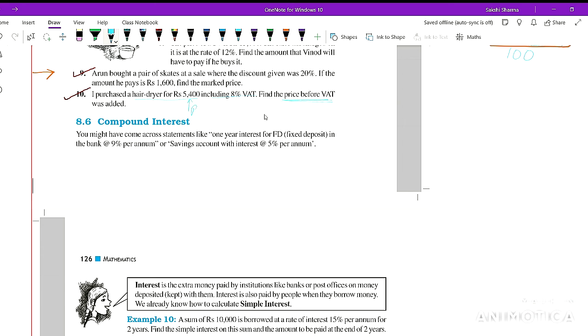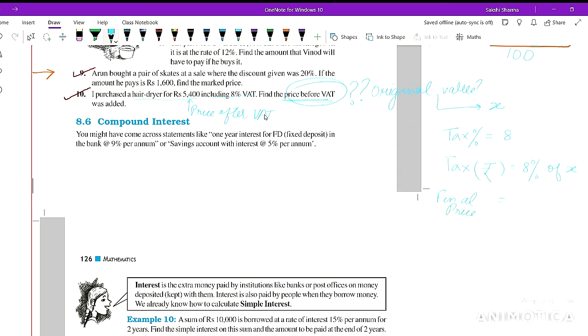So this is the price after the application of the tax. You have to find out the price before the application of tax. So that means your original value is missing. You will be starting by taking it as X. Tax percentage is given as 8. You will convert this tax percentage into rupees by combining it with the original value, and then you can find out the final price.